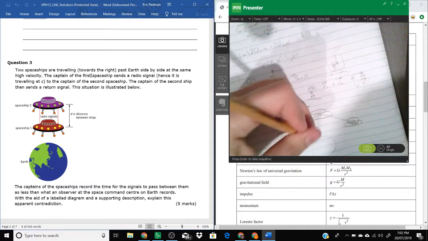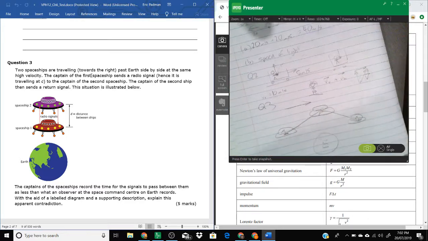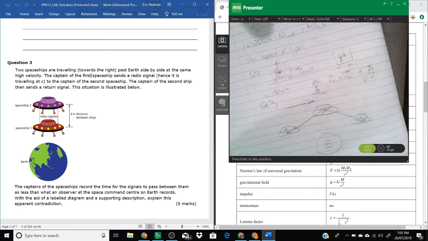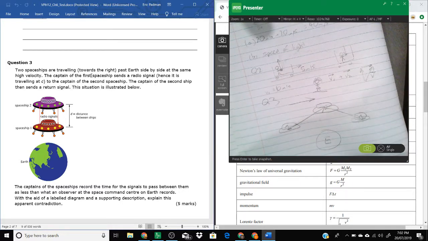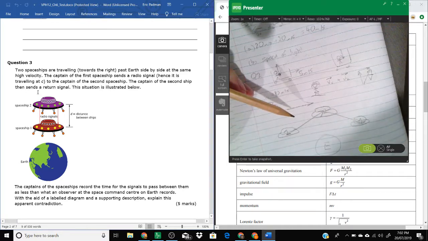Now I'll draw the Earth over here, observing all this. The signal from the perspective of the ship's captains travels 2d. As far as the ships go, they look like this picture here.